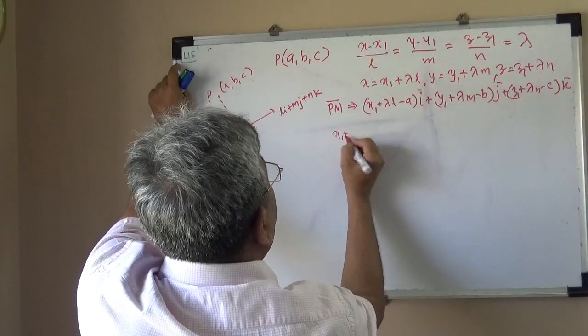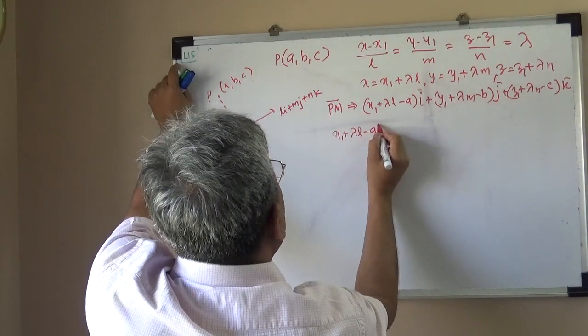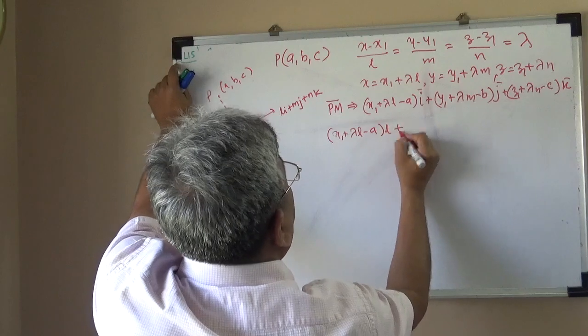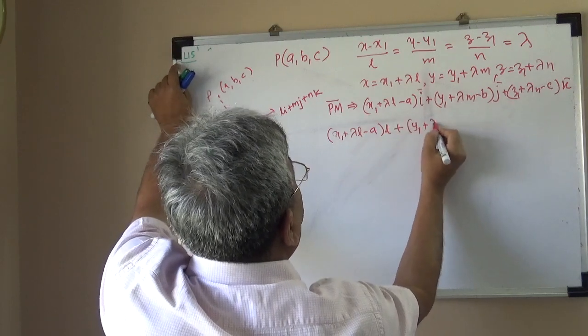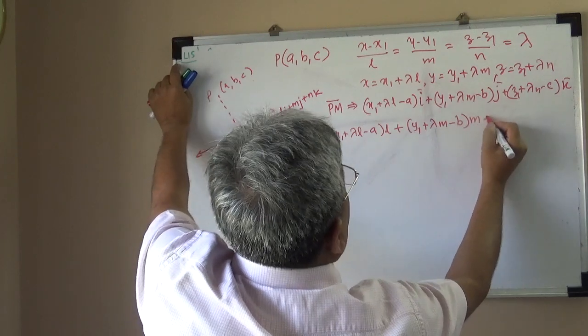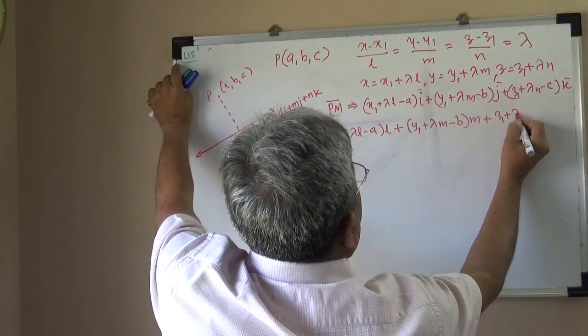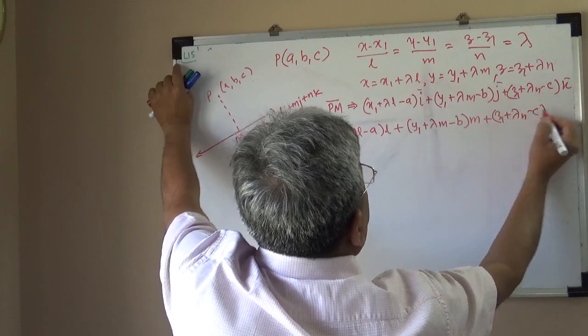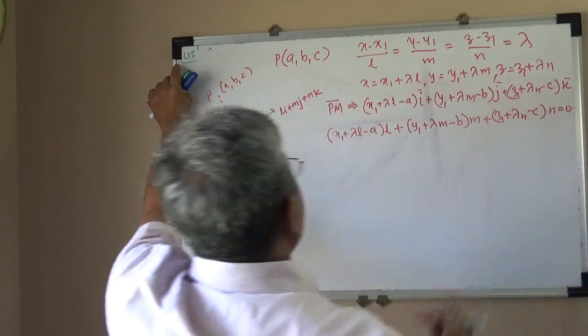So (x1 plus lambda L minus A) times L plus (y1 plus lambda M minus B) times M plus (z1 plus lambda N minus C) times N should be equal to 0.